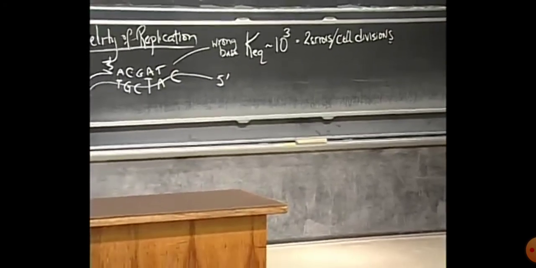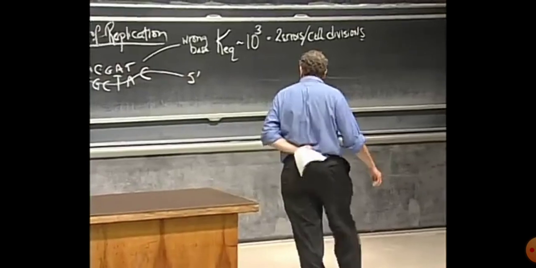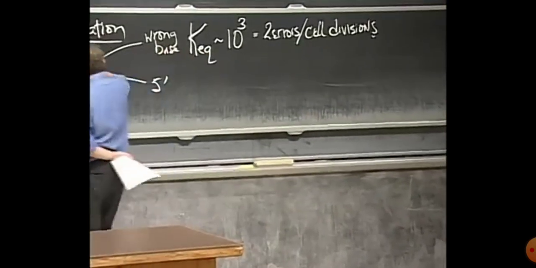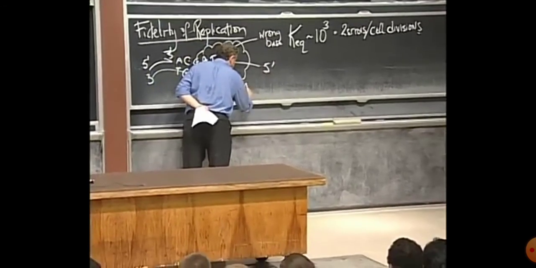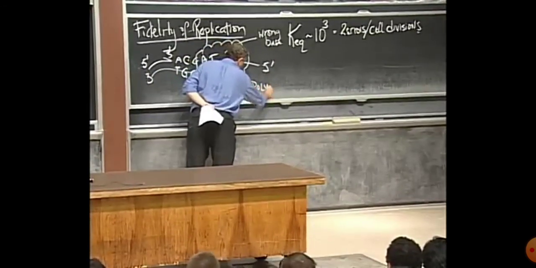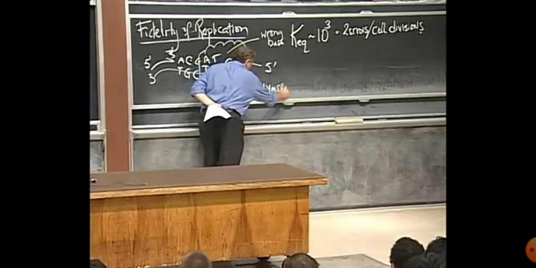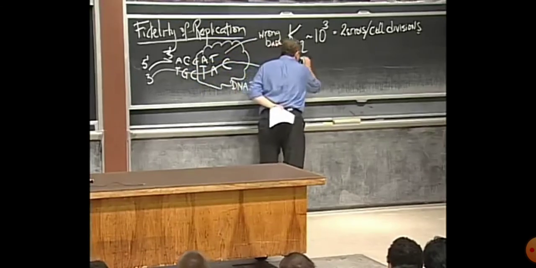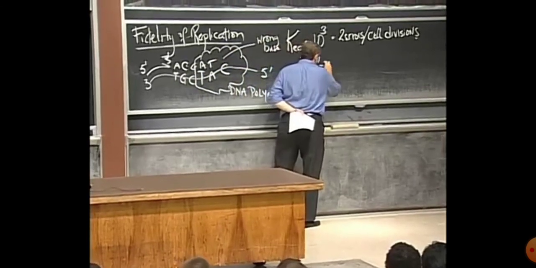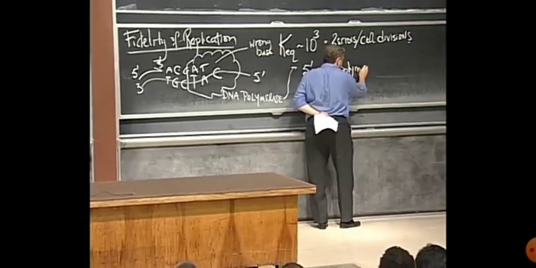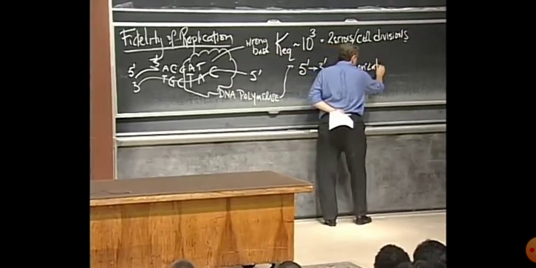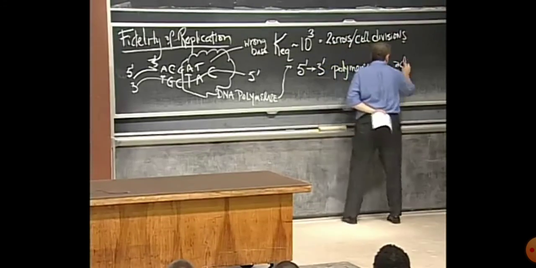So later it was discovered that the enzyme DNA polymerase, which has a 5' to 3' polymerization activity, also does a second thing.